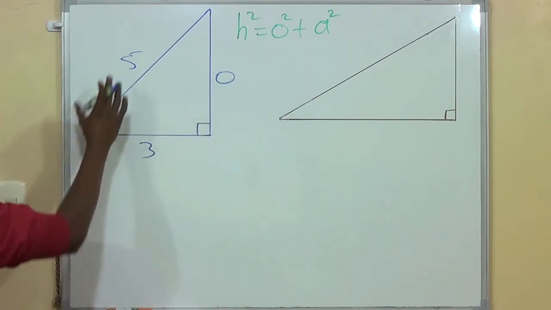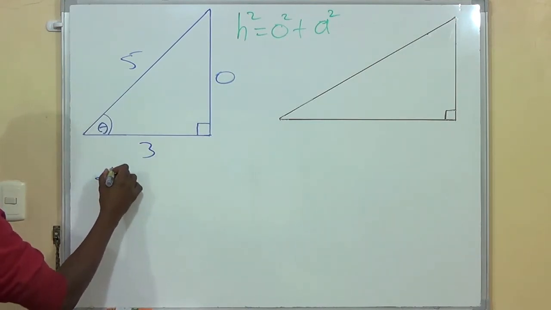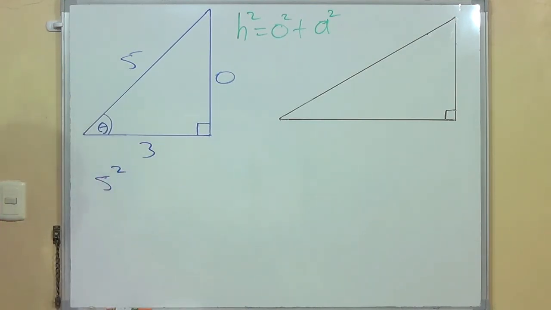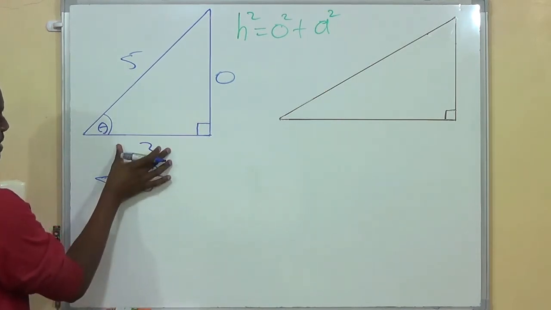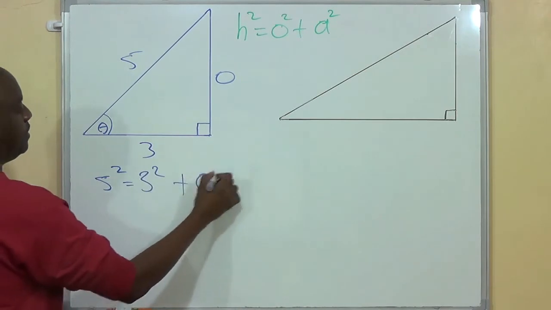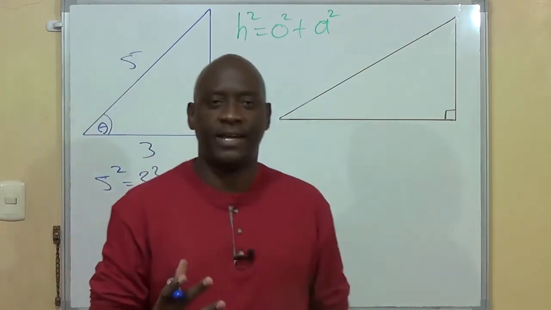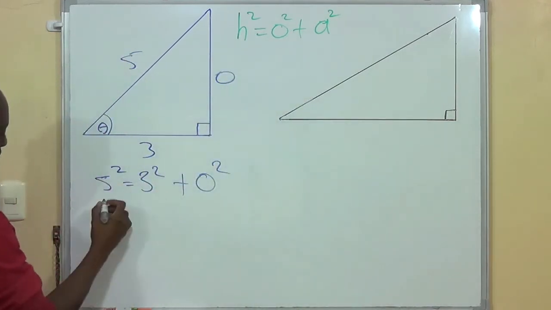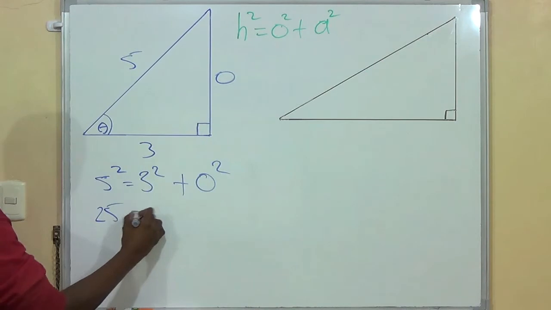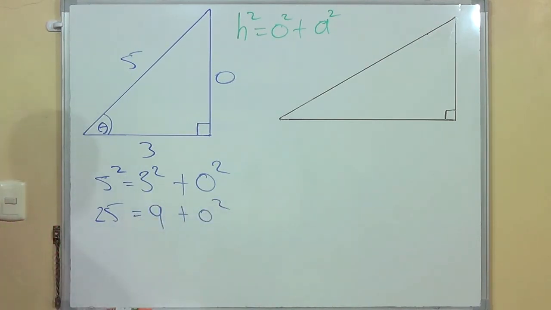Again, by Pythagoras theorem, this time we have the hypotenuse 5. So 5 squared is equal to 3 squared, which in this case is the adjacent, plus O squared. O is the side whose length we're trying to find. That is the opposite side. So 5 squared is still 25, 3 squared is still 9, and O squared is just O squared.